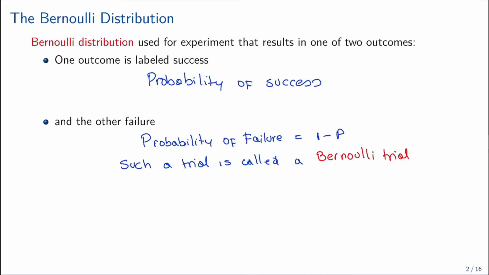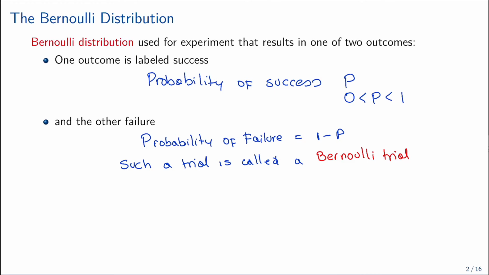Let's look into the Bernoulli distribution. The Bernoulli distribution is used for experiments that result in one of two outcomes. One of the outcomes is labeled as success and the other as failure. The probability of success is denoted by p, and p, of course, is a number between 0 and 1. The probability of failure is 1 minus p.